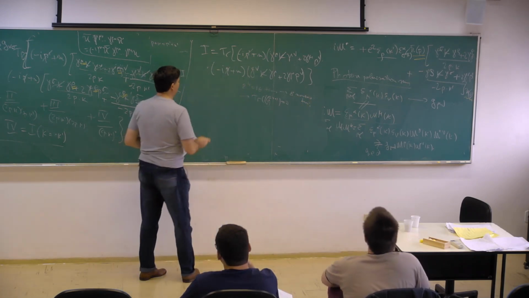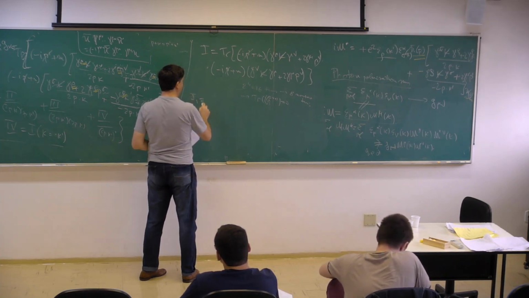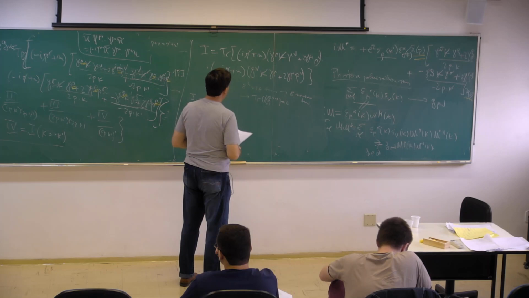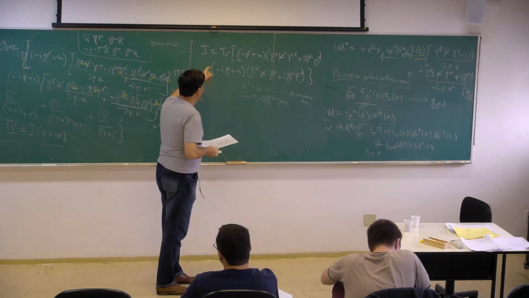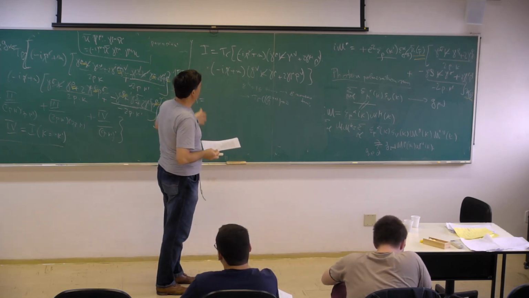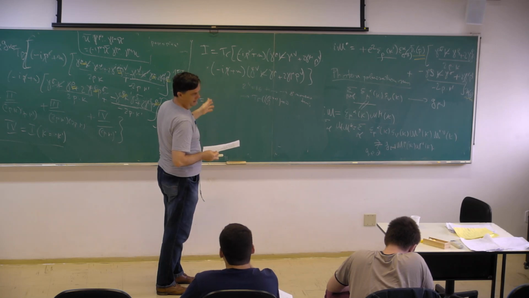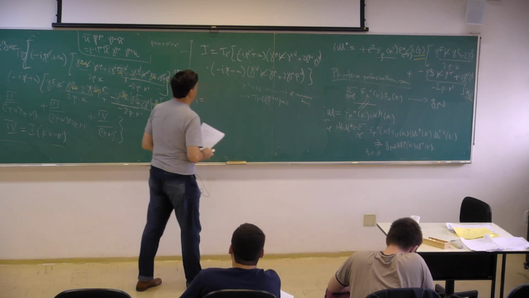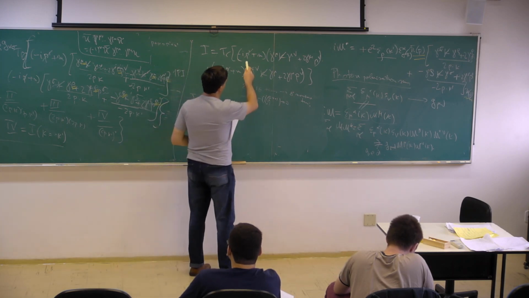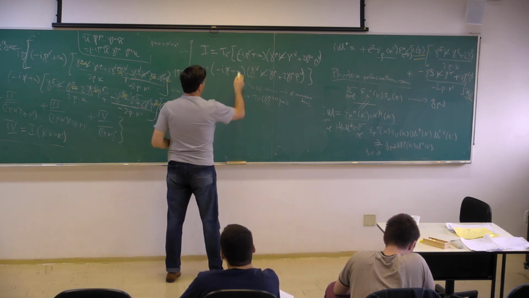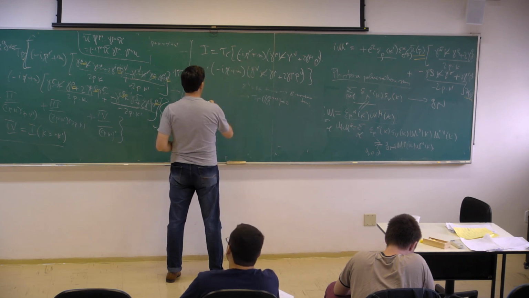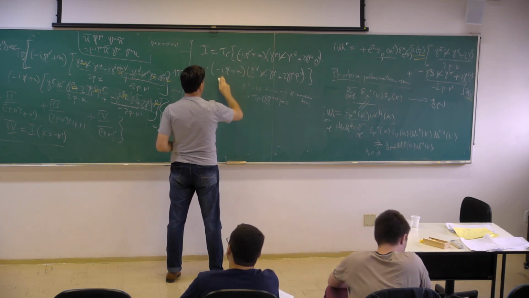Okay, so let's write them independently. It's useful to consider them in the order of how many gammas you have. So let's consider the largest number first. We keep the largest number in each bracket. So we have minus i from here times minus i from here.